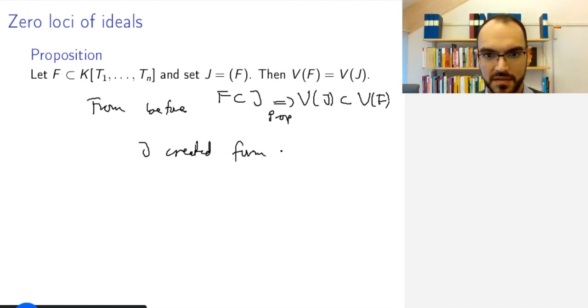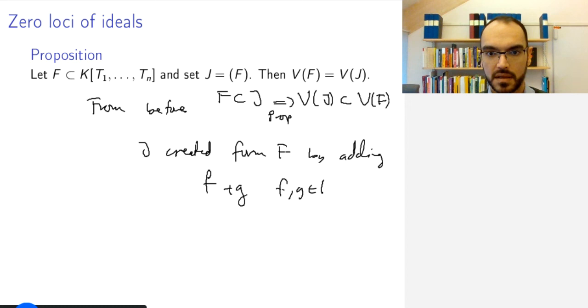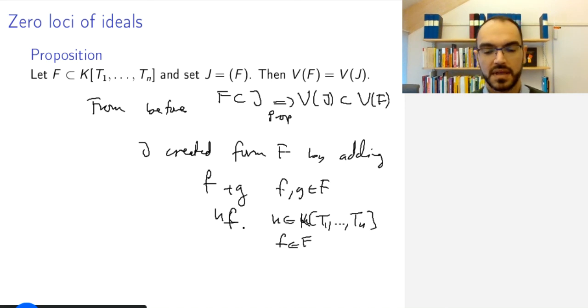J is created from F by adding elements of the form f plus g with f and g in F, and hf with h in the polynomial ring and f in F.